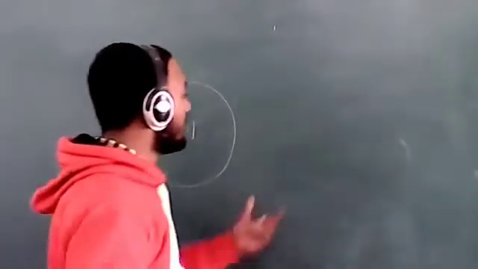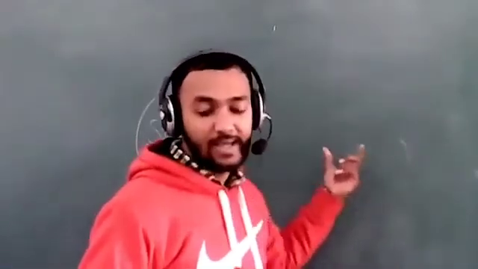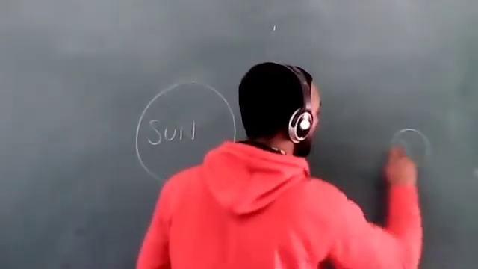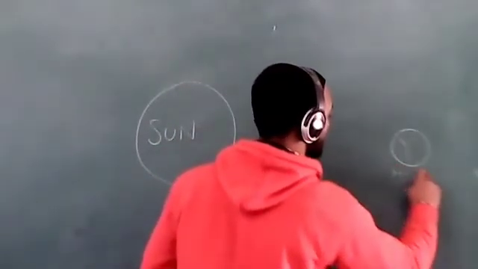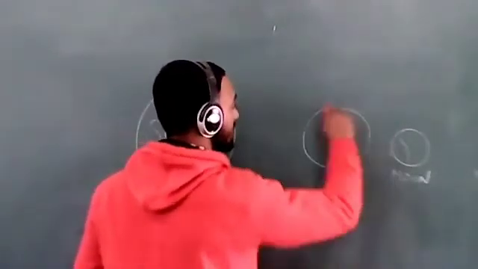Now in the last case, what comes in between? Moon comes in between. Here, the earth comes between the sun and moon. This is moon, and this is earth.